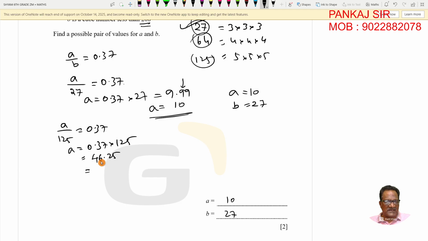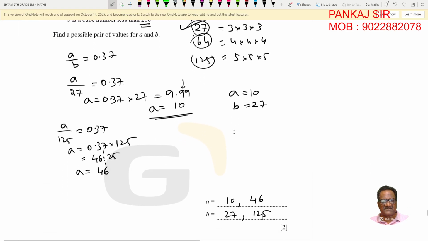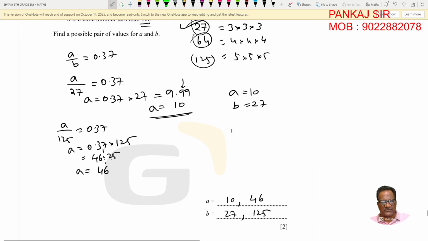If you want to round to 2SF, you have to round it till this. This is 2, less than 5, so this number will remain 46. So my A will be 46 and B is 125. So another possible answer is A equal to 46 and B equal to 125. That way you can get various answers for this question. Different students can get different answers, right? So two possible answers I have shown you.